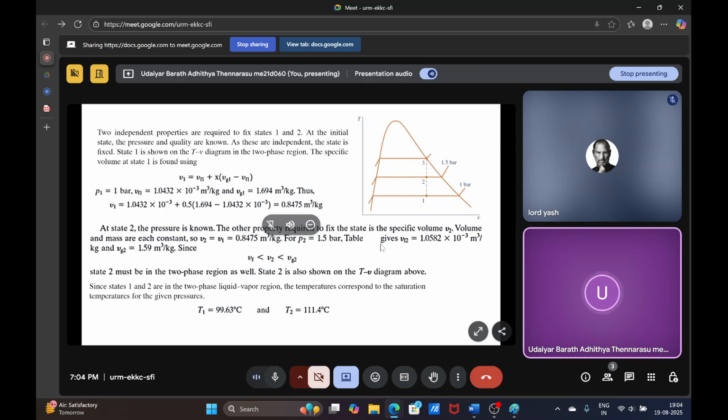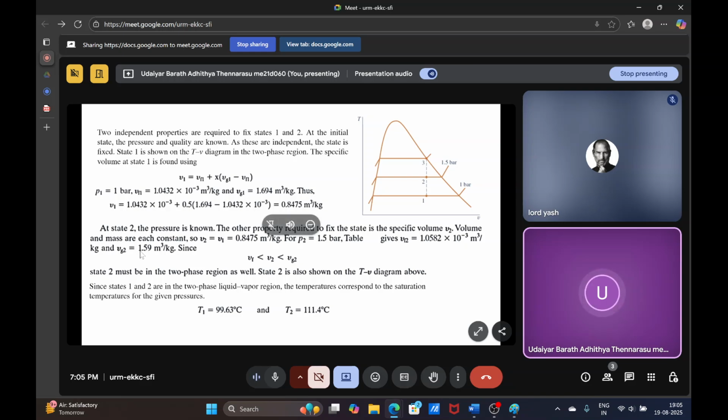Here, the specific volume of liquid is 1.0582 times 10 power minus 3, which is less than the specific volume 0.8475. That says it is lying above the saturated liquid condition.